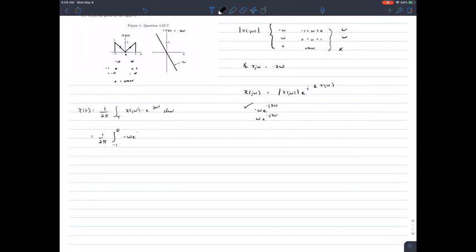Negative omega e negative j 3 omega times e to the j omega t d omega, plus 1 over 2 pi integral from 0 to 1, that's this one, omega e negative j 3 omega times e to the j omega t with respect to omega.